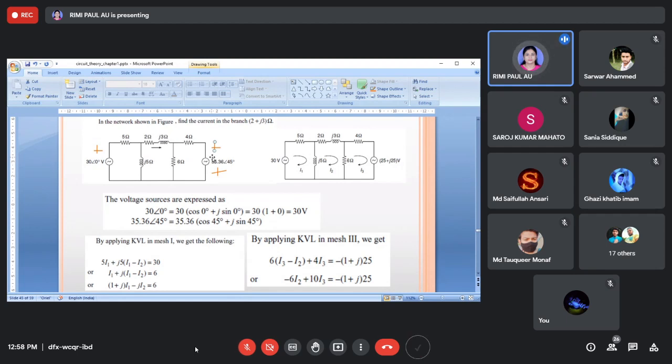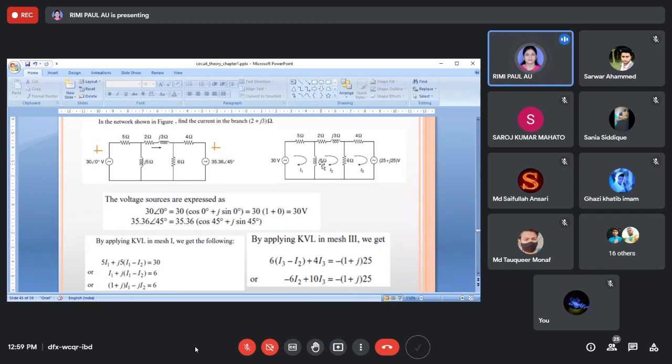So here you can consider that this is our plus and this is our plus. If I do the mesh analysis, current is flowing from minus to plus, and here current is flowing from plus to minus. Okay, so here it is given 5 ohm and J5 ohm.